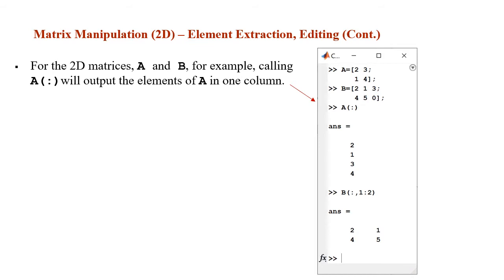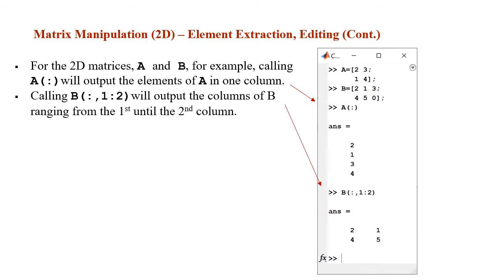Typing B(:,1:2), for example, will output a range of columns in B, starting with the first column until the second column. So in this example here, we see that the first 2 columns in B are outputted, and the third column is being ignored.